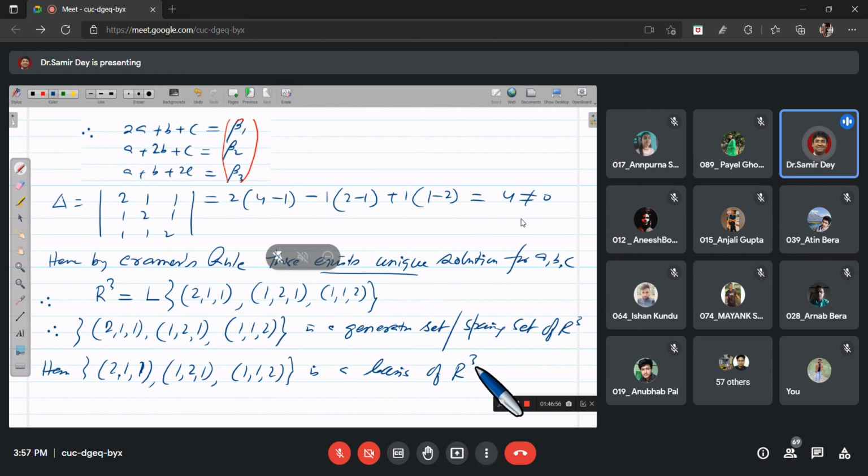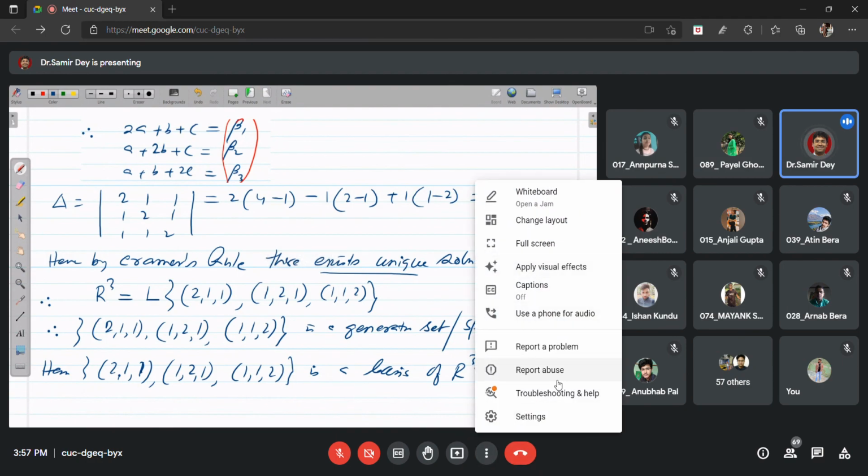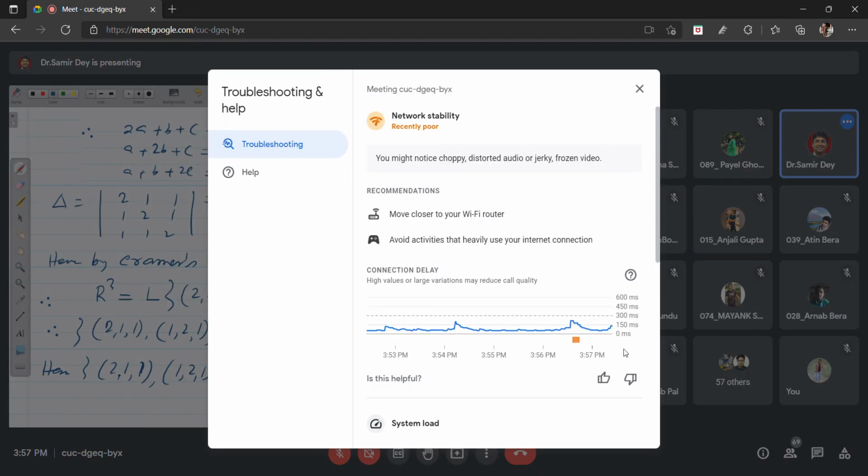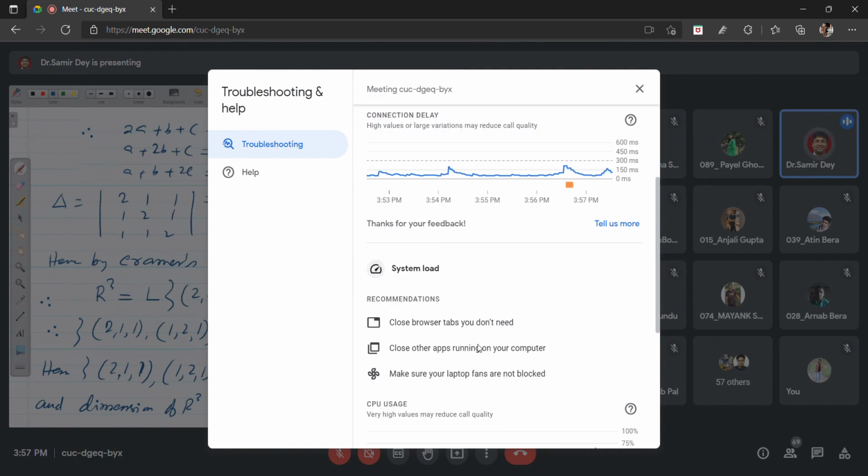And the dimension of R cube is equal to three, as there are three vectors you have. Is it clear? All parts clear to you?